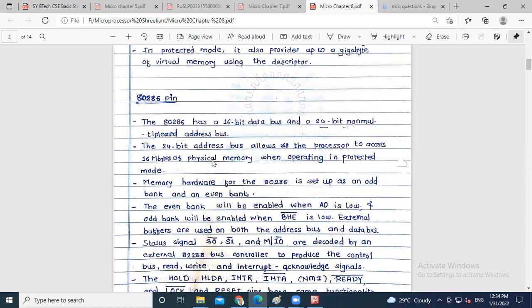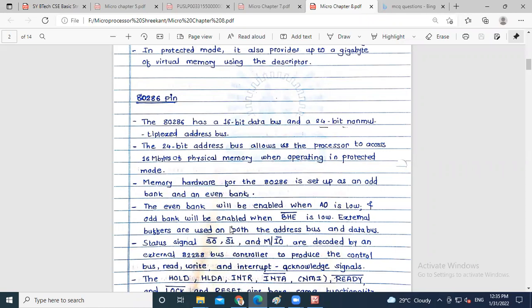The 24-bit address bus allows the processor at a time to access 16 megabytes of physical memory, and when operating in protected mode, the memory hardware for the 80286 is set up as an odd bank and an even bank.